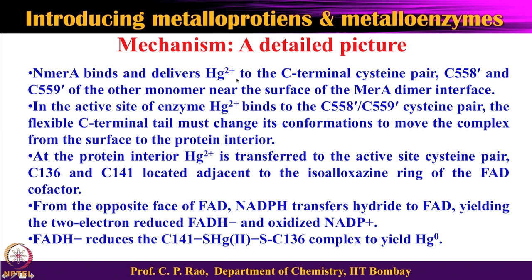It can easily pick up the mercury, and then using the conformational change it can transfer it to the next one, that is the 558, 559 cysteine pair, okay.